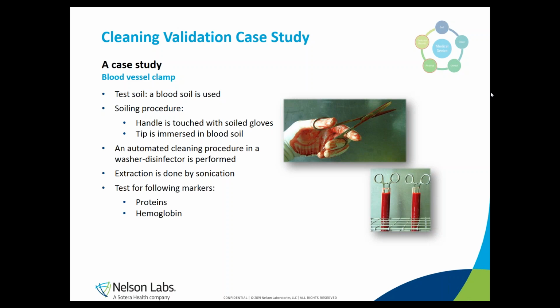Our sponsor chose the markers protein and hemoglobin that were really relevant in this case study. We got the following acceptance criteria from our sponsor: 6.4 microgram per square centimeter for proteins, and we should not find more than 2.2 microgram per square centimeter for hemoglobin of the device in the extract.